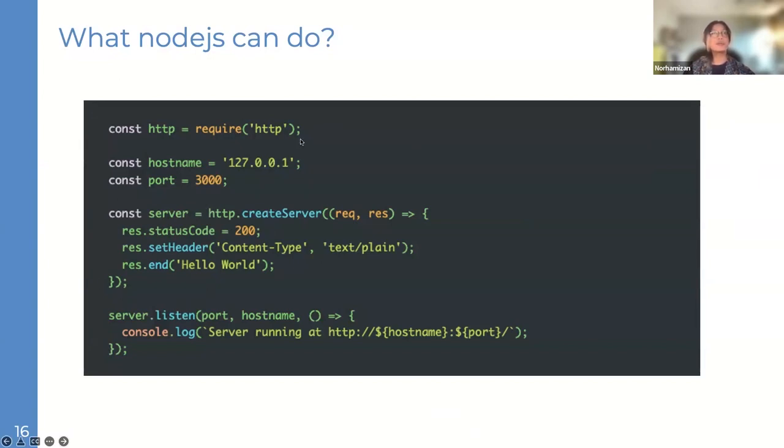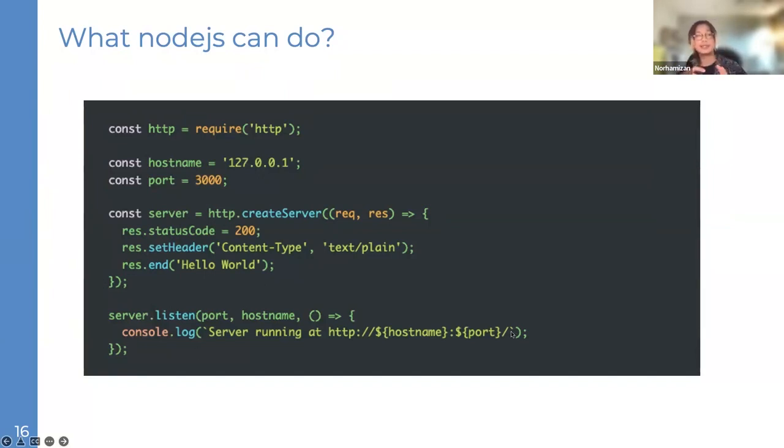We have declared that we need to access HTTP, and we created a server with this hostname and port, and it returns hello world when the server is hit. For example, 127.0.0.1 is equivalent to localhost. When you hit the first page of that localhost, the endpoint returns hello world. Then the server listens on this port and hostname.